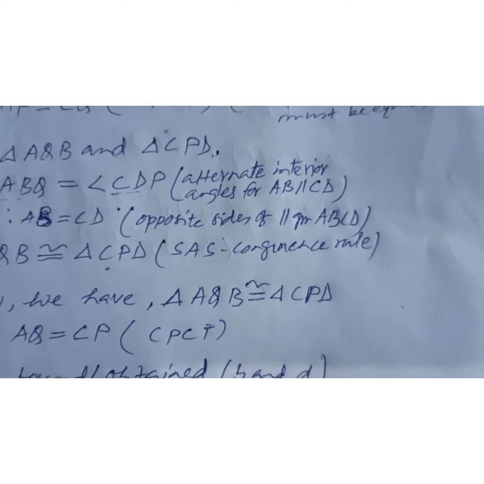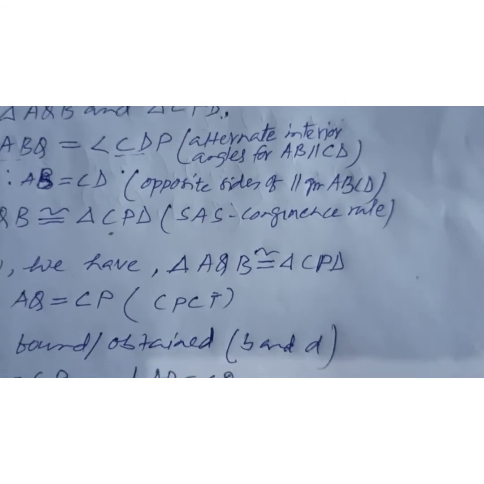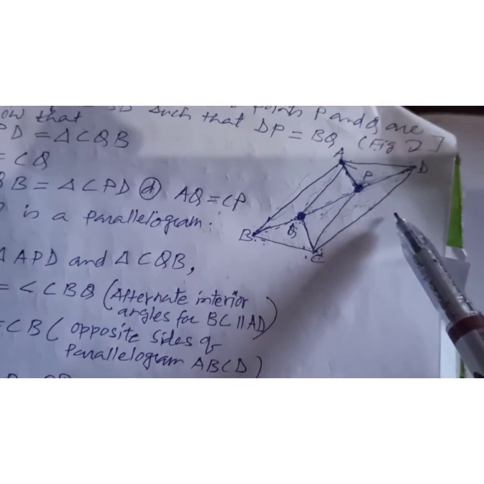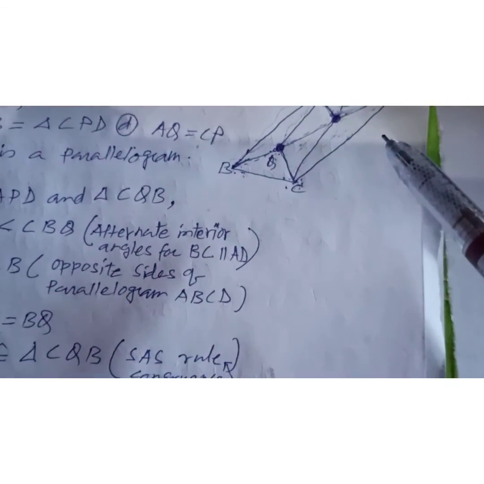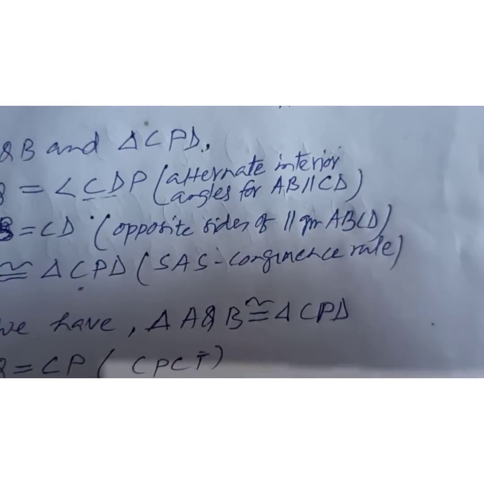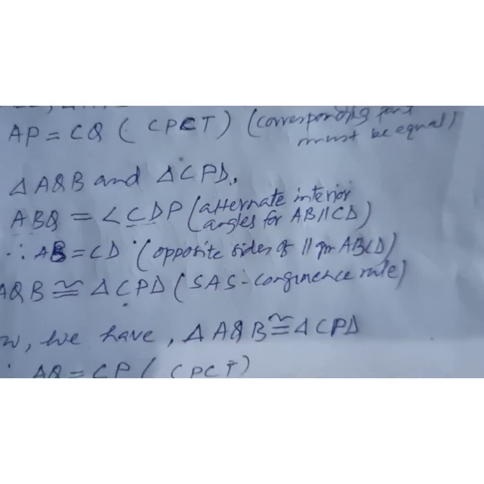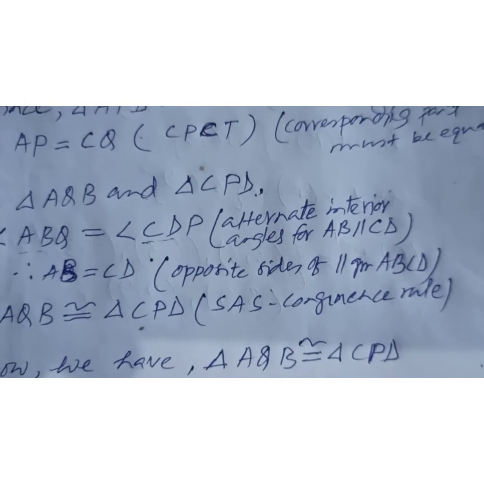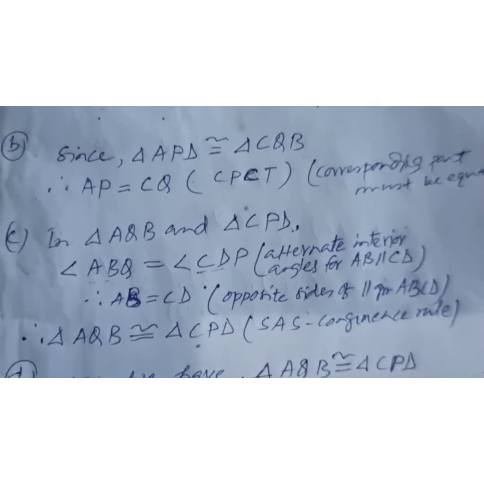So we can write: since opposite sides in quadrilateral APCQ are equal to each other, therefore APCQ is a parallelogram. So the last question is to prove that APCQ is a parallelogram, and you must include this reason there. I hope you are enjoying the concept properly and you are able to solve more questions from there.